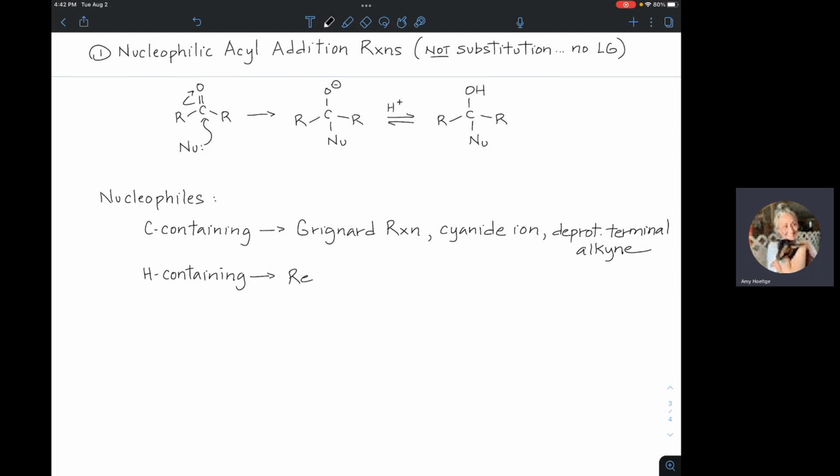We call these reductions or redox reactions with a source of the hydride anion.